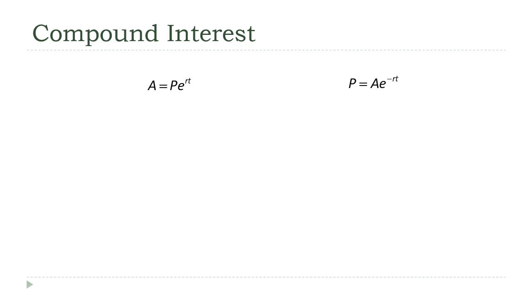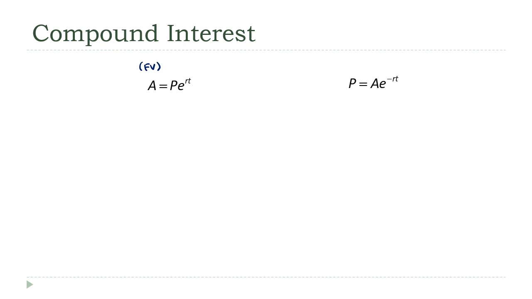So I've got our formula here on the left, which gives us A. Now remember, A is the future value of the investment P. Now what I've done on the other side here is I just took that formula and solved it for P. I divided both sides by e to the rt.